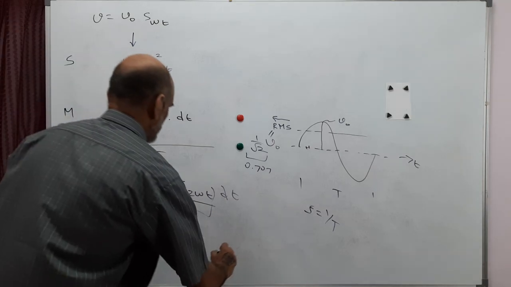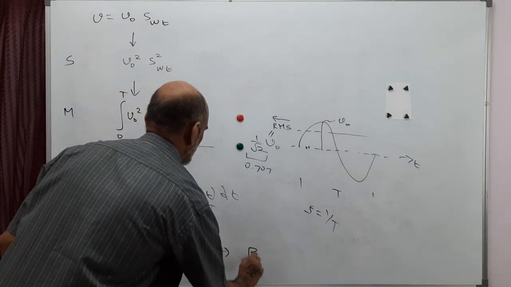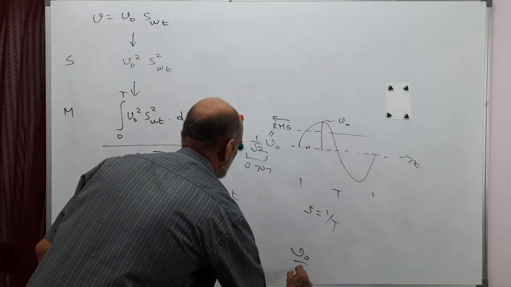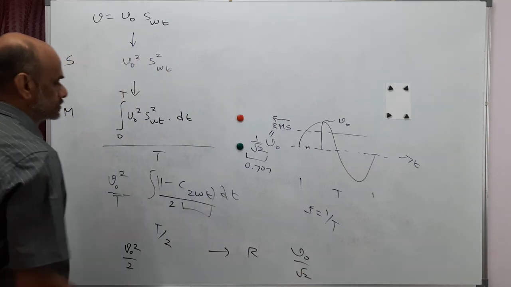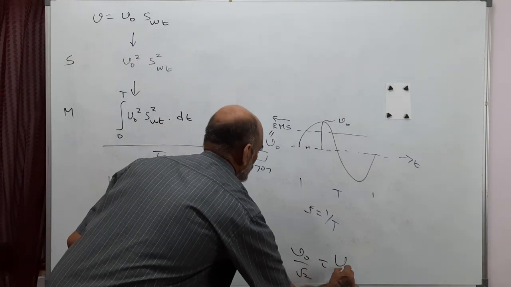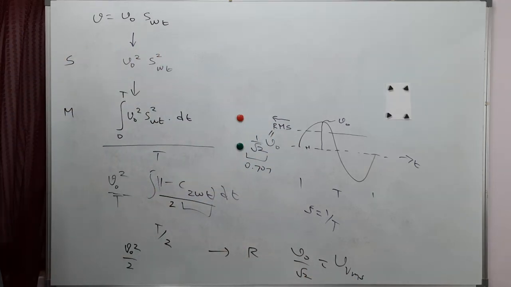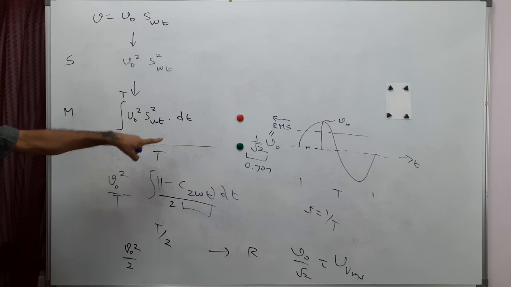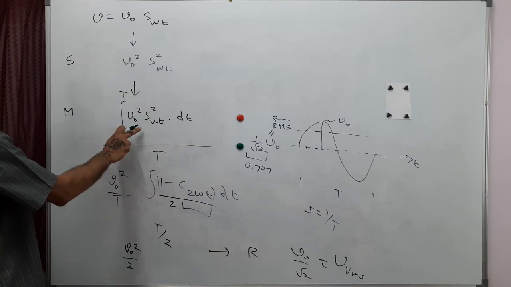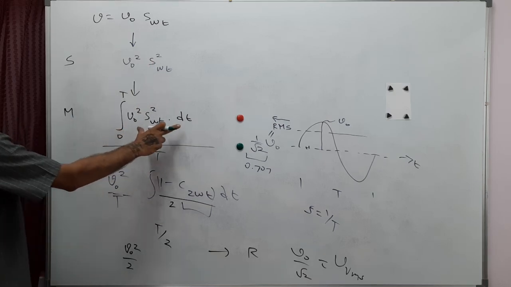Now if we take the root, I'll get V naught by root 2. So this is the RMS value of a sinusoidal variation. Here I have taken the example of voltage. First you have to do the squaring, take the mean with respect to time. This is there for time instant t, that is there for a short time dt.